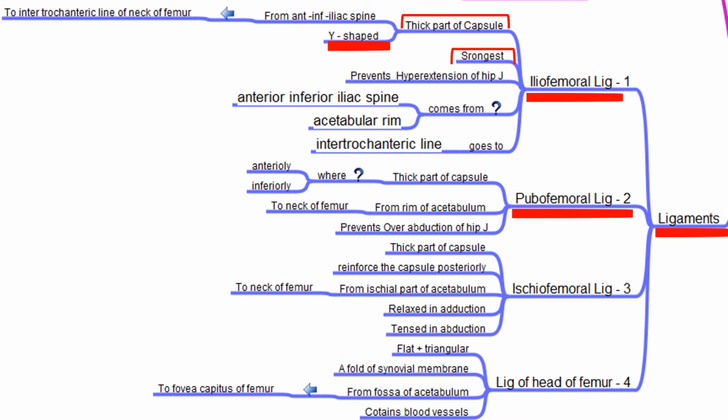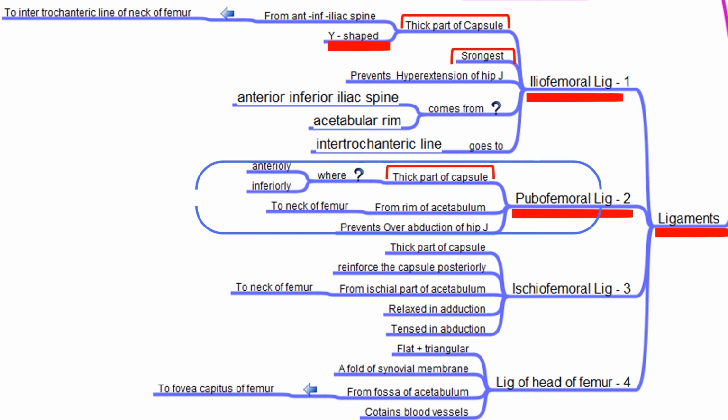Then we have the pubofemoral ligament. From the name, we can conclude that it comes from the pubis going to the upper end of the femur. It is a thickening part of the capsule, just like the iliofemoral, and it is not a separate ligament on the outside.